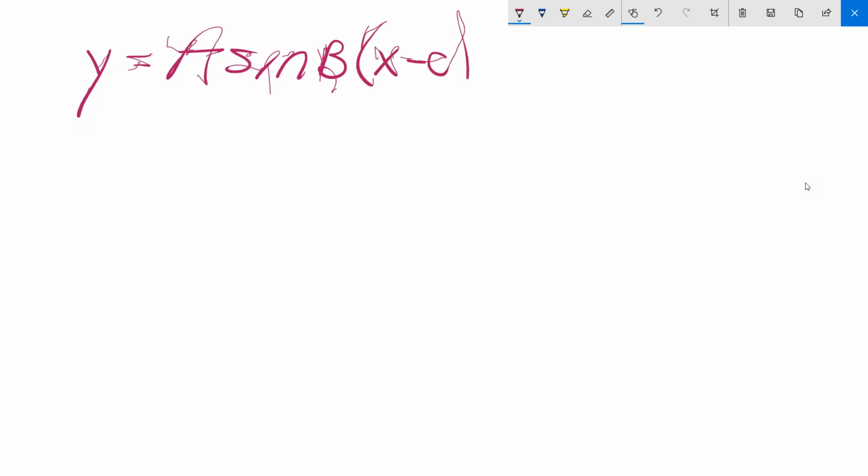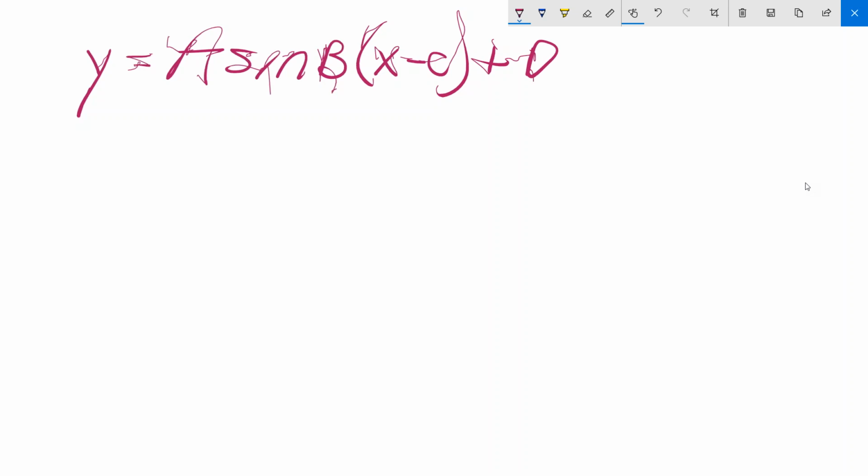In other words, the sinusoid function takes the form of, right?